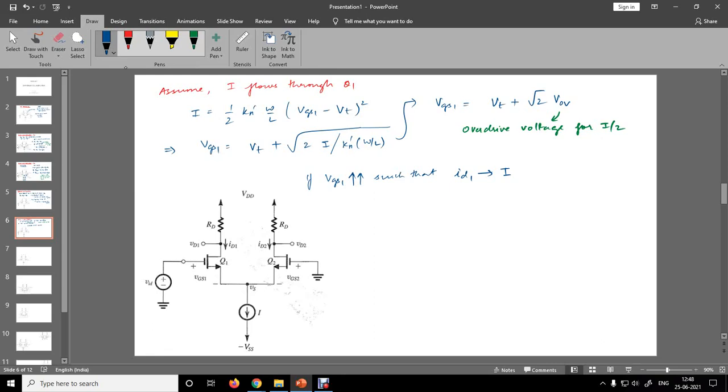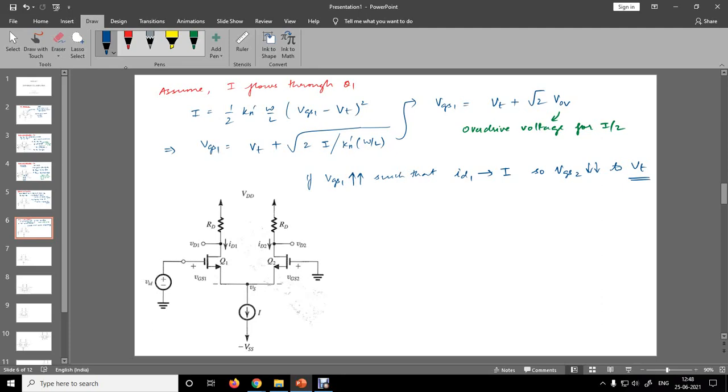There is no current flowing through Q2. So VGS2 will actually reduce to VT.